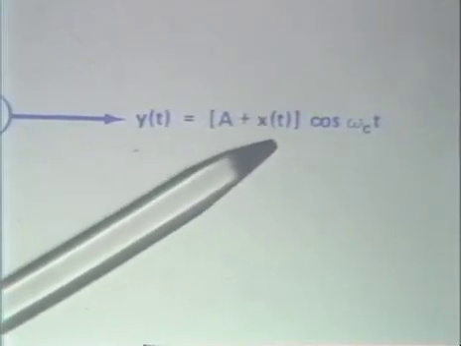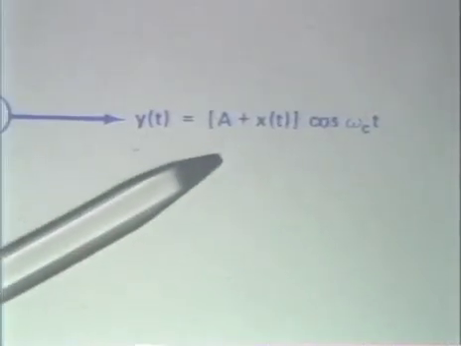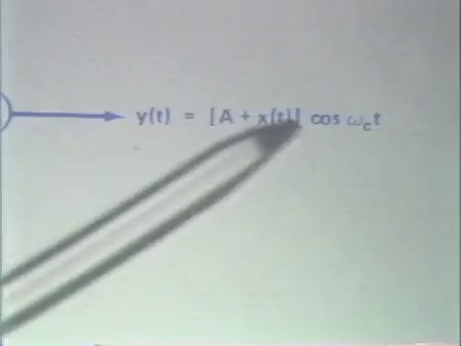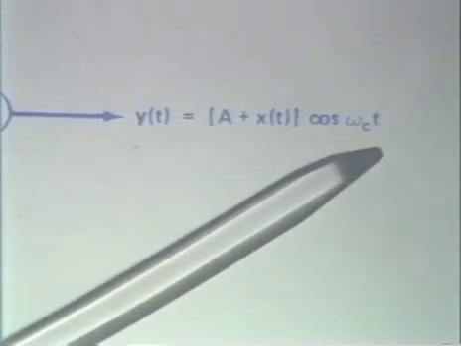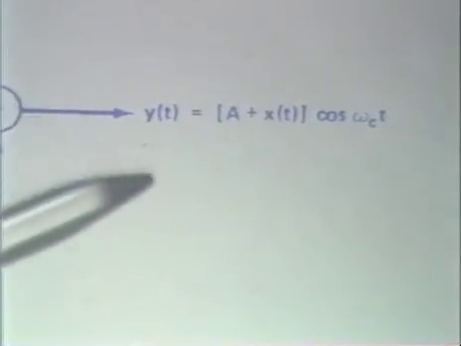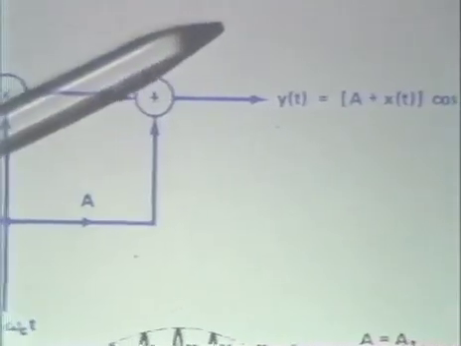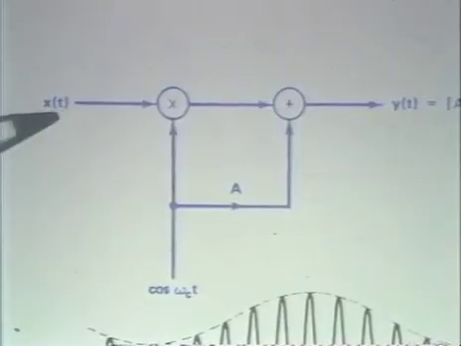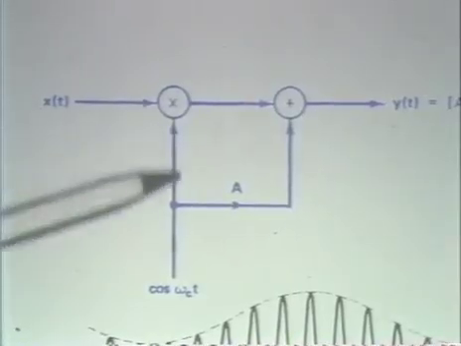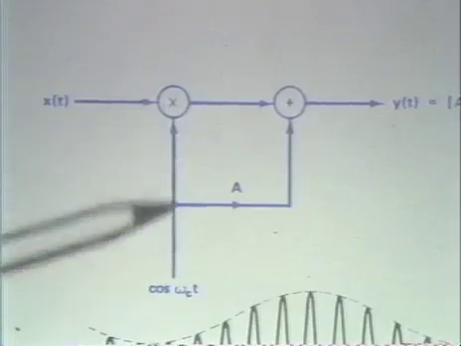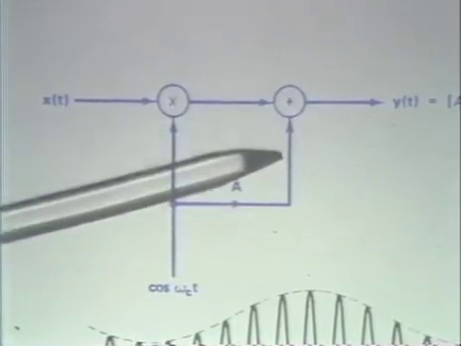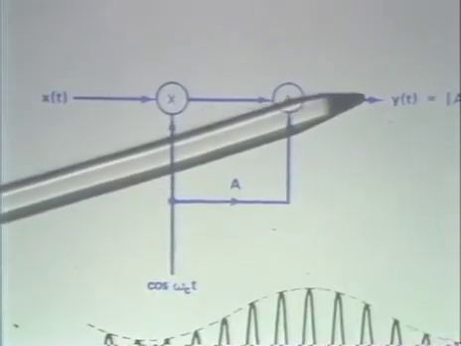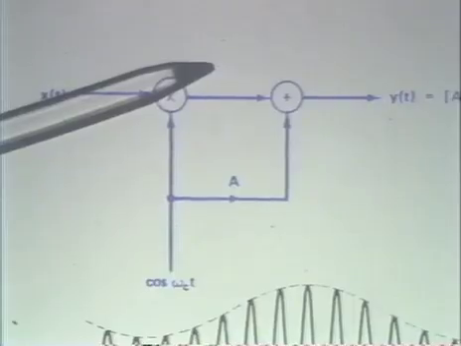Notice that if we take this term and expand it out into two terms, x of t cosine omega c t plus A times cosine omega c t, then in block diagram terms we can represent that as I've shown here. It would correspond to modulating the signal, x of t, onto the carrier, omega sub c t, and also injecting some carrier with an amplitude A, and the output of the modulator is then the sum of those two.